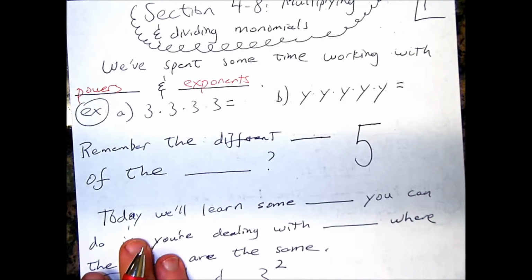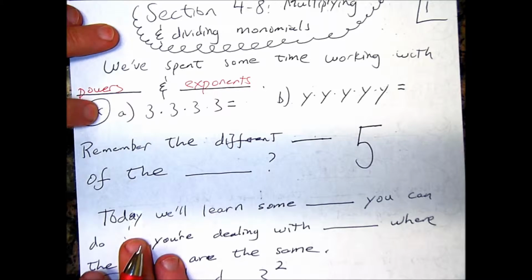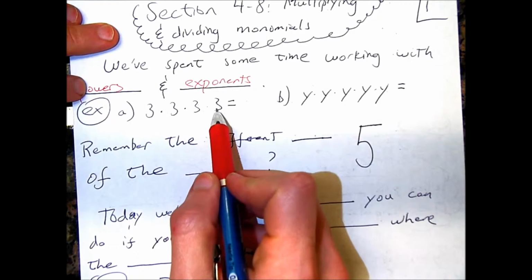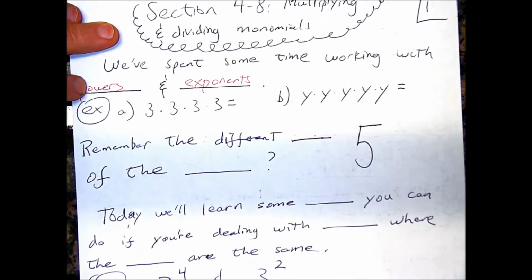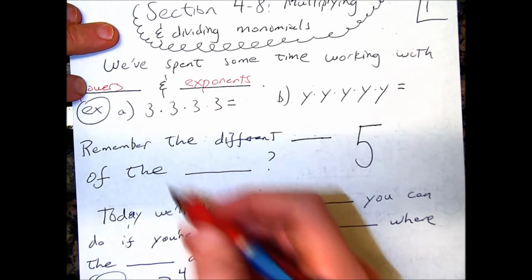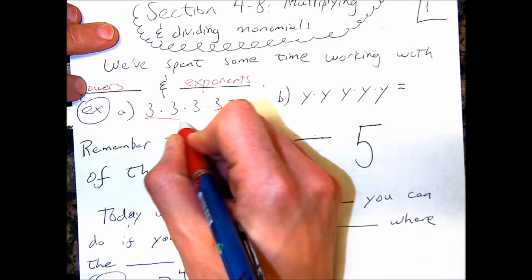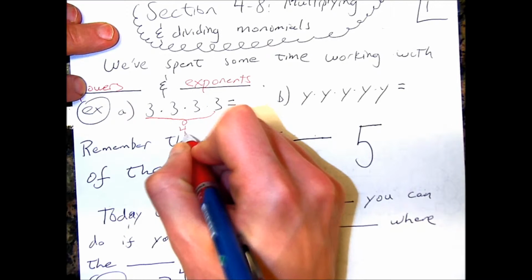Okay, well how did we work with them? We'd see something like 3 times 3 times 3 times 3, and we'd ask how can we write that in a more compact way? Well, we'd see how many threes we had. We have 4 threes.